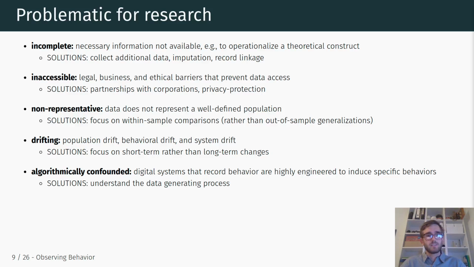The next aspect is that big data sources can be algorithmically confounded, and this is related to this system drift, of course, which describes that digital systems that record behavior are highly engineered to induce specific behavior. So, for example, clicking on an ad or scrolling in your Facebook feed.